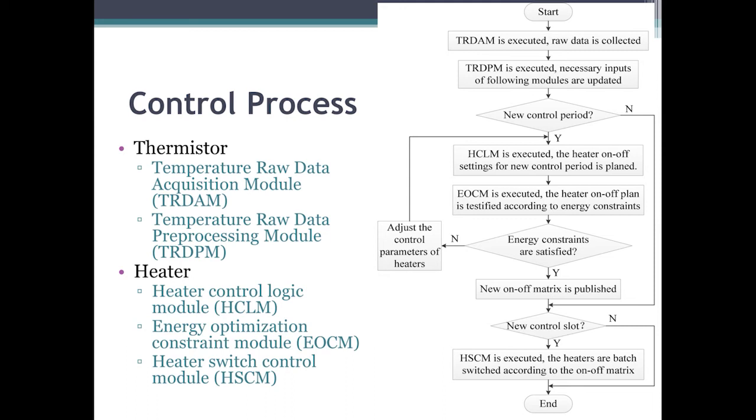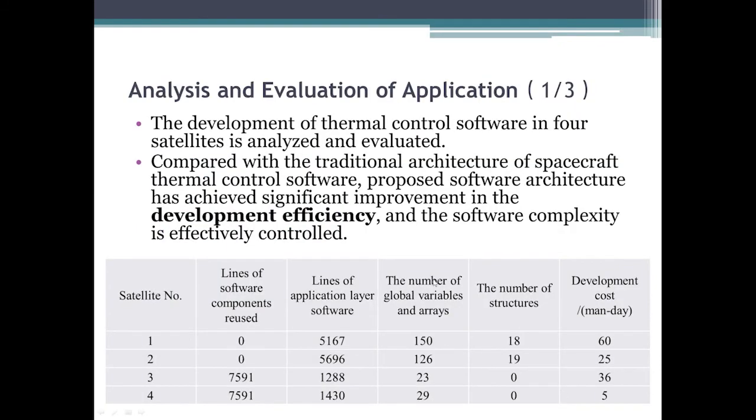If the power consumption of the switching matrix output by the HCLM can meet the energy constraint, the new on-off matrix is published, and then the HSCM is executed, and the heaters are batch switched according to the on-off matrix in each control slot.